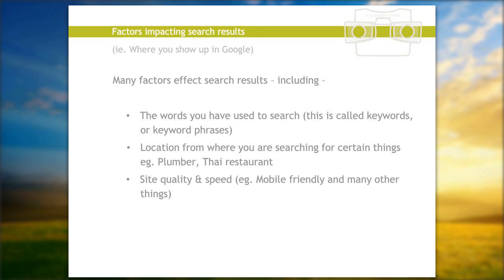Then there's also what is called the site quality and speed factors. So Google makes a judgment call based on how well your website is designed from a range of factors, which I'll go into in a minute, and how fast it loads, because it figures, well, if you are a real and genuine business, you're going to do things properly.